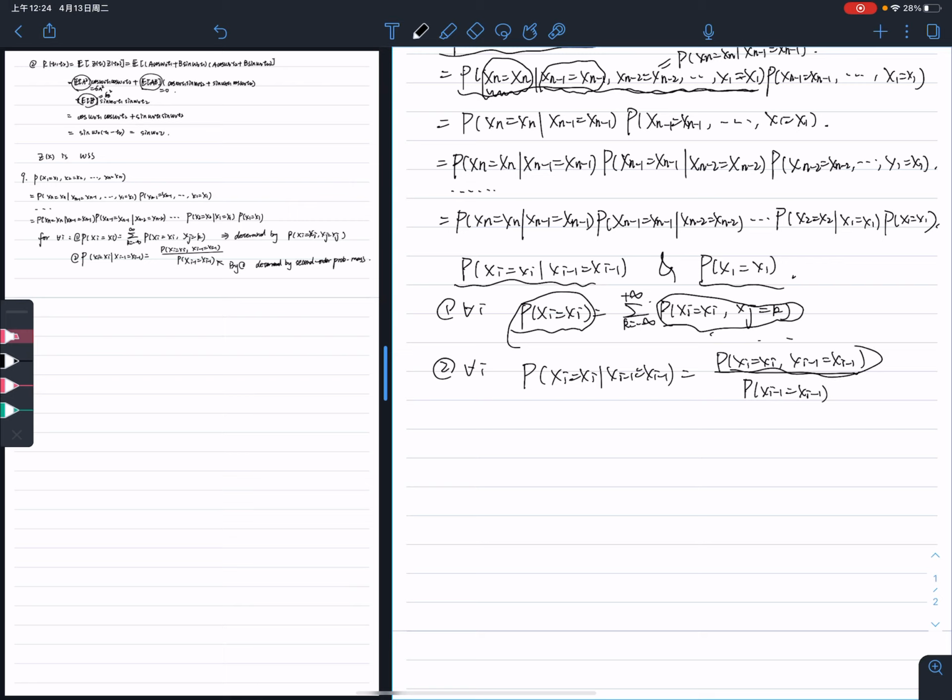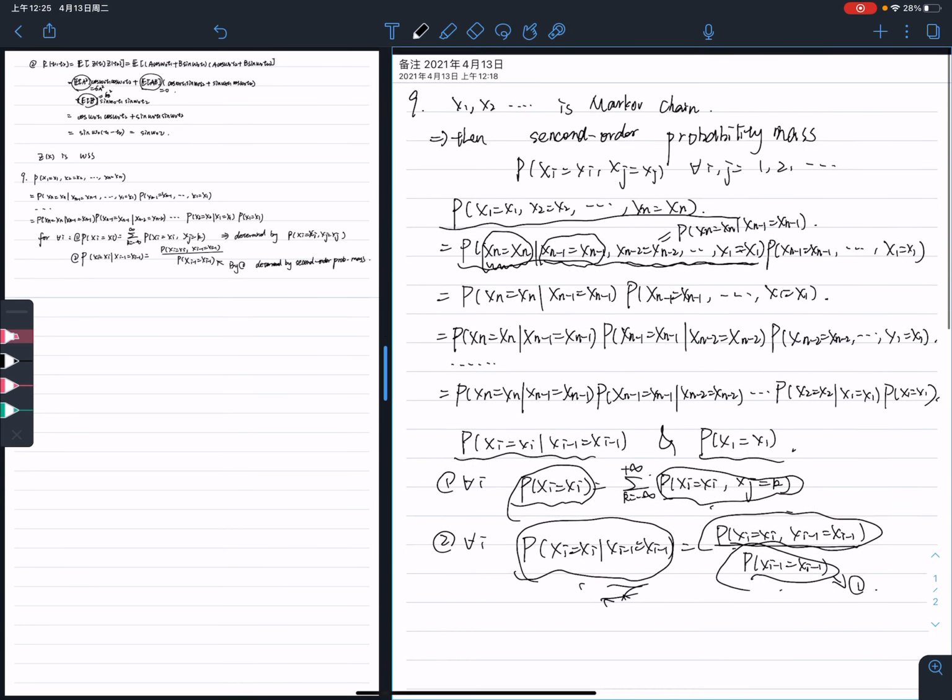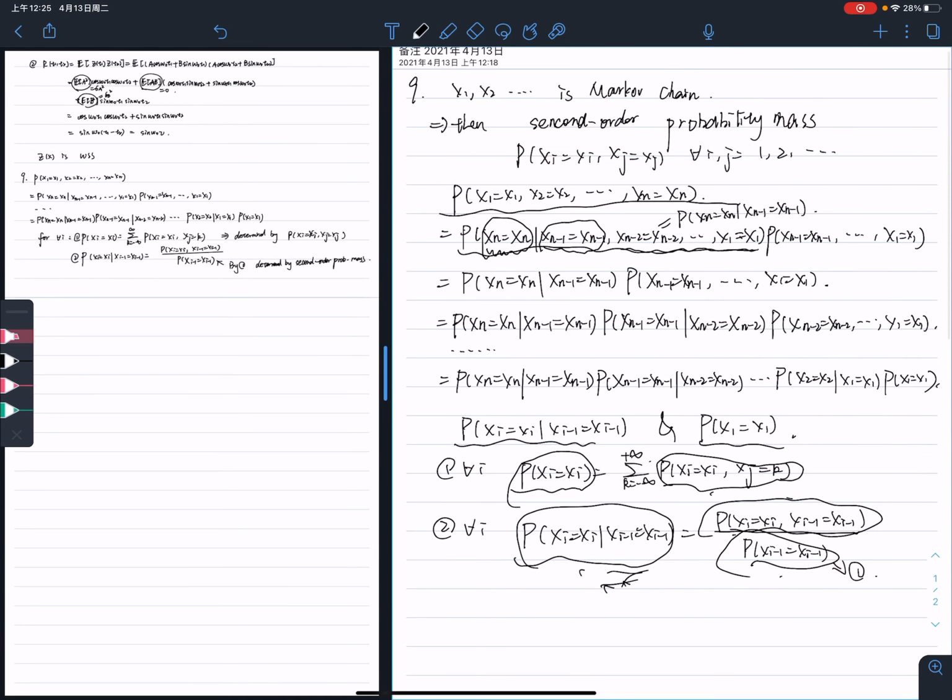So this numerator is the second order probability mass, and for the denominator, by the previous result, it can be determined by the second order mass. So therefore, this conditional probability can also be determined by the second order mass, and the whole Markov chain can be determined by the second order probability mass.